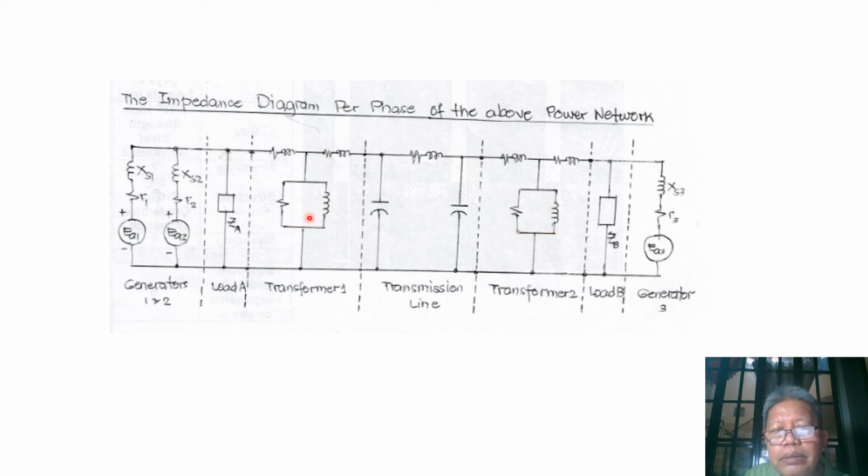And for the transmission line, because the admittance is very small, its effect on the sending end voltage and the sending and receiving end current is not so much. So we can allow small errors if we neglect the admittance of the line.